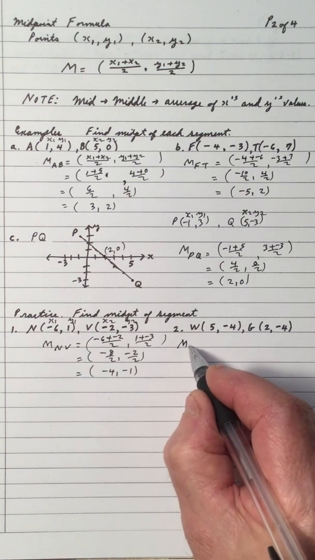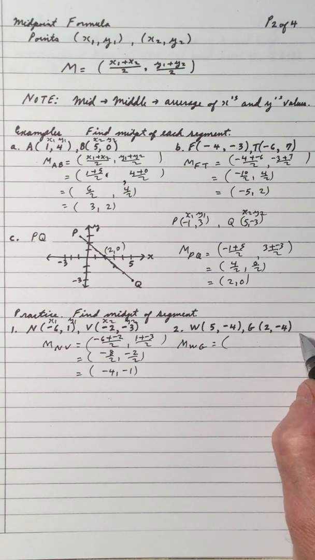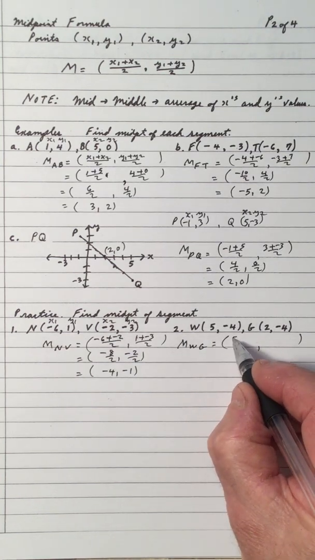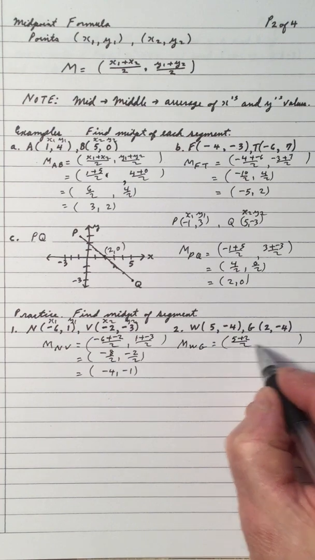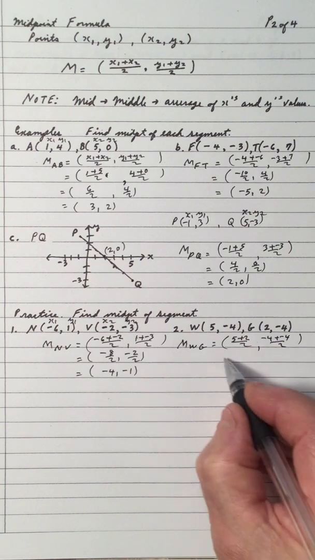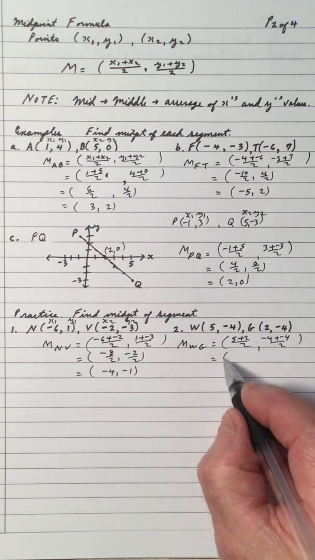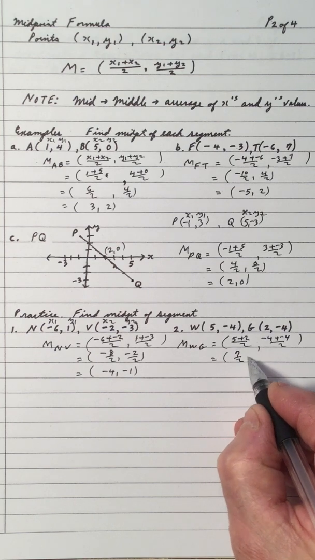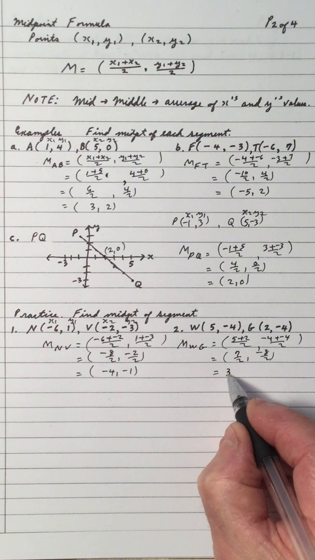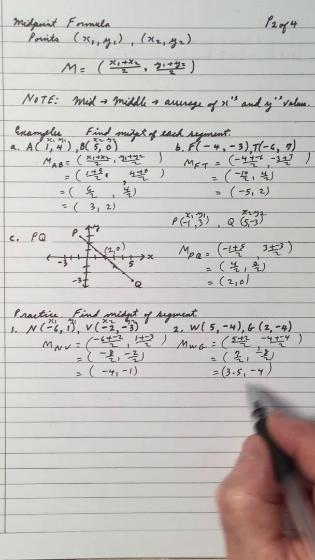But if you take your time and fill it in, then less chances to make a mistake. So add up the x's, divide by 2. Add up the y's, divide by 2. X1 plus x2, y1 plus y2. So that's 7 over 2. That's negative 8 over 2. So that's 3.5, whatever you want to call it, negative 4.